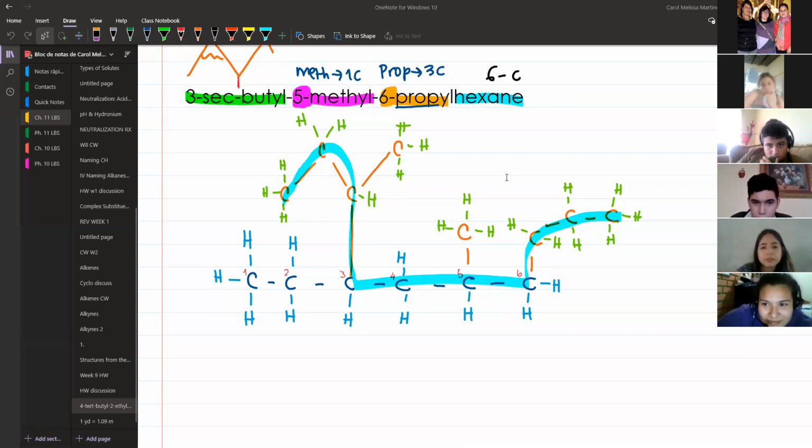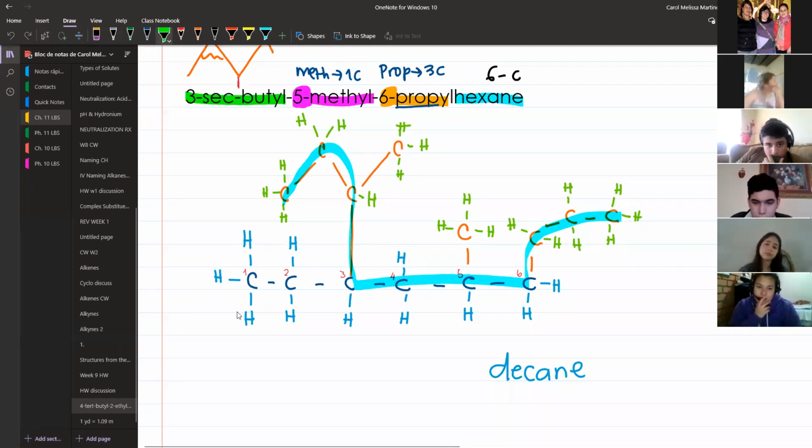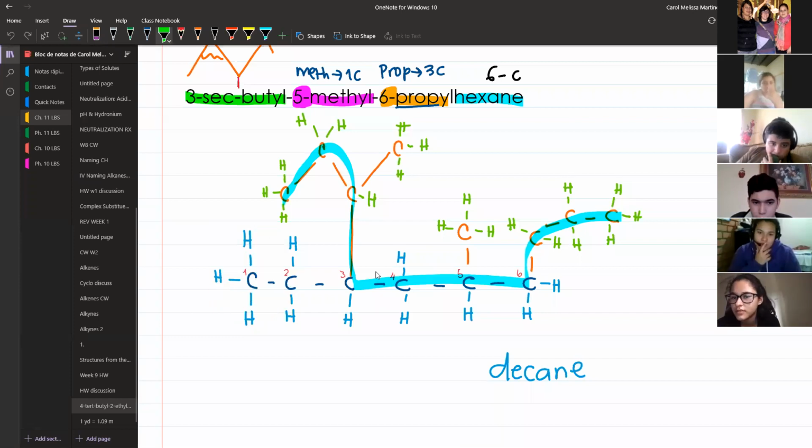So what would be the right name for this? What is this? Ethyl. That is ethyl. So ethyl is located in what carbon? The fourth. In the fourth carbon. 1, 2, 3, 4.